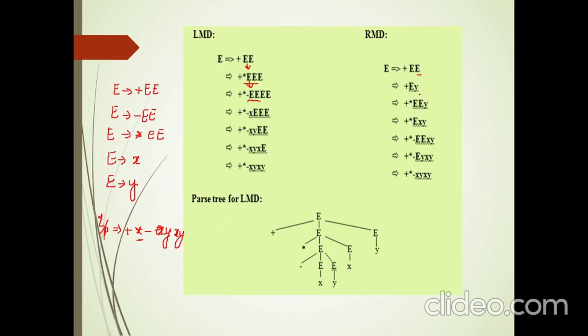Next, the middle E can give you the next operator, that is star. Star E E. Next operator we need to obtain is minus. So this E will give you minus E. We got star E, right?